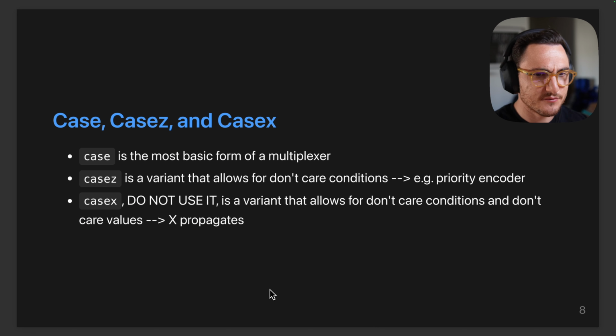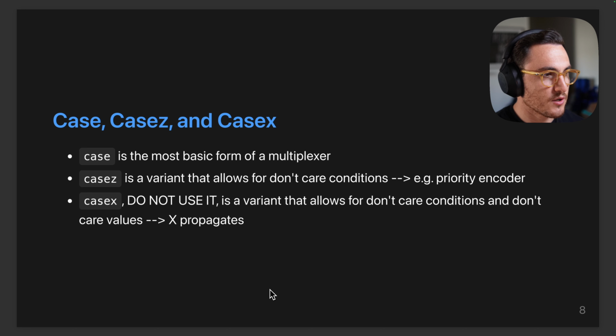So you have different kinds of case statements. You have case, casez, and casex. Case is the most basic form of a multiplexer. Casez, which if I'm not mistaken is the one that we used in the previous lecture, is a variant that allows for don't care conditions. So if you want to implement priority encoders, you can do so with casez, but you need to know what you're doing there.